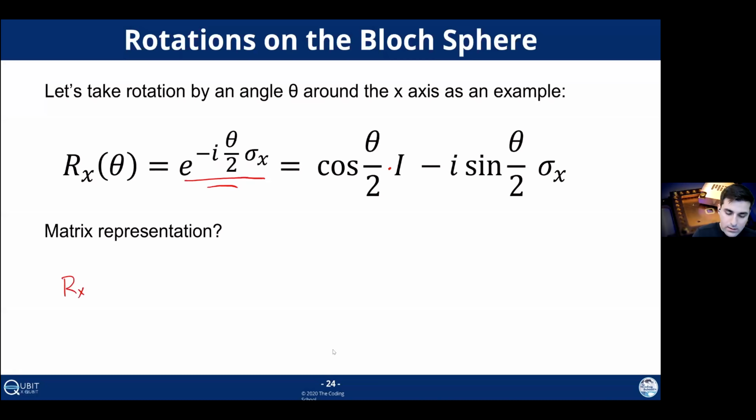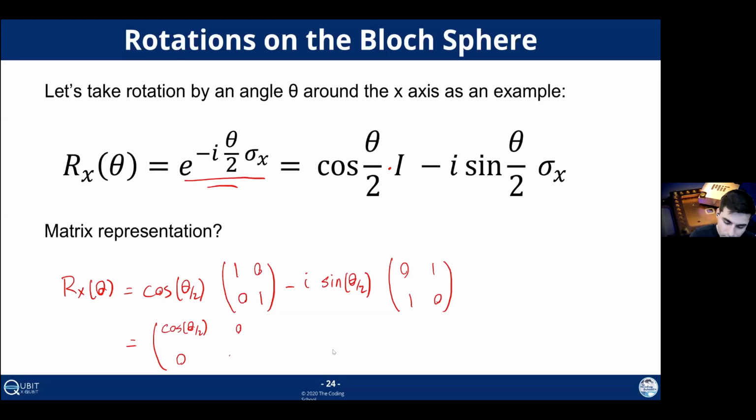So if I expand this, maybe let me do this in 2 steps. I'm just going to multiply this scalar that I have with my matrix. So the first part is going to be cosine of theta divided by 2 on the diagonals, and nothing on the off-diagonal elements.